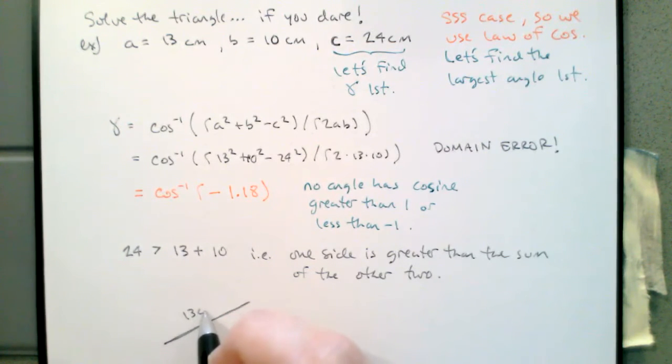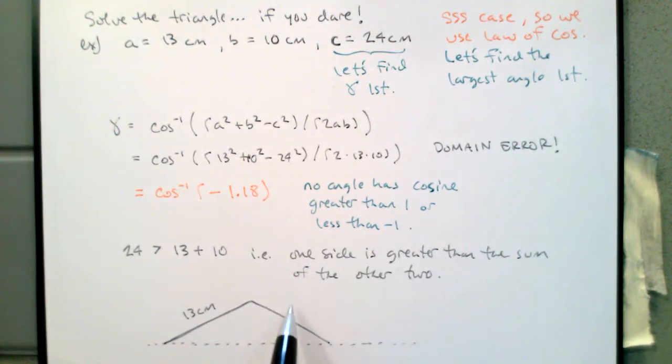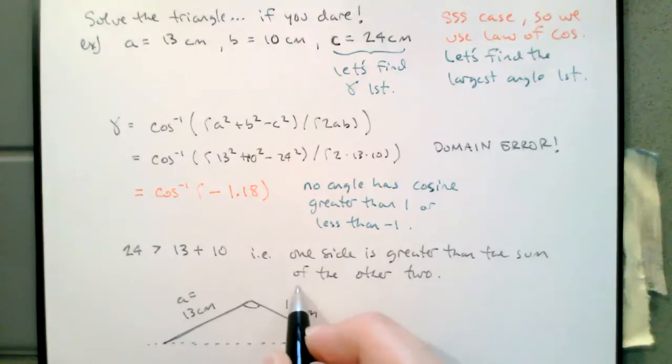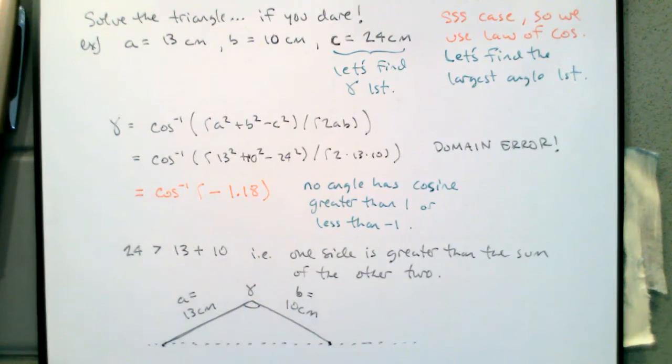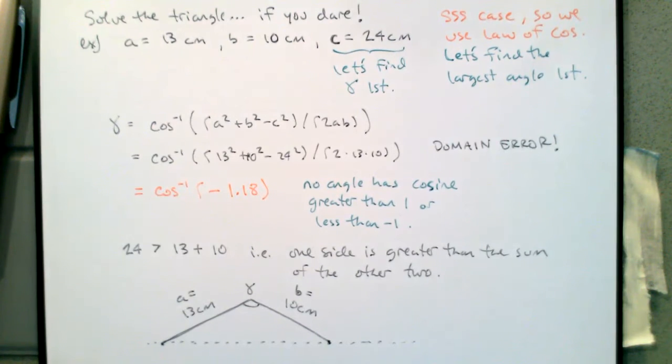If we make a 13 centimeter side, and here's the line where the 24 is supposed to go, and a 10 centimeter side, this distance between the start of A and the end of B has to be less than 23.